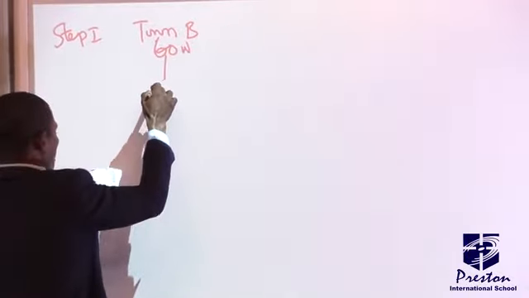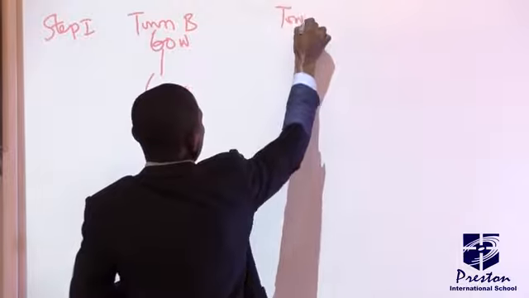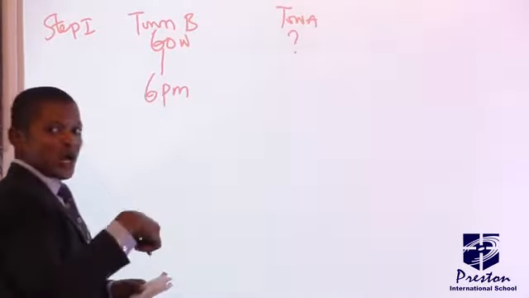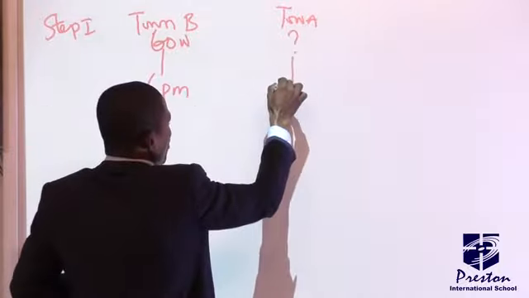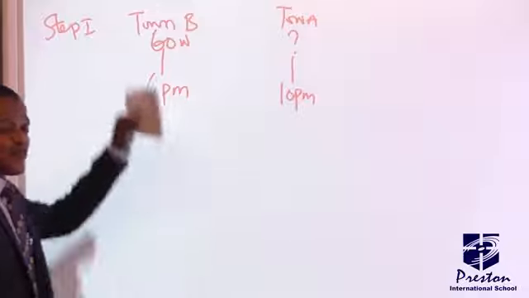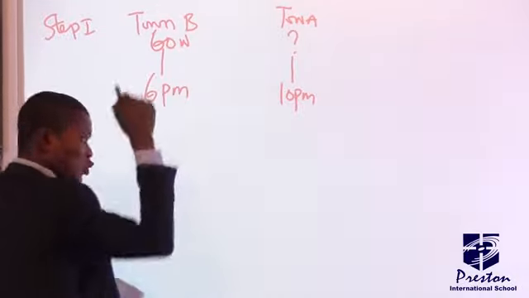The time of that place was 6 p.m. While in town A, the longitude was not given. That is what we are asked to calculate, and the time was 10 p.m. You can see that it was the earlier time that I picked first to show the first location. That is how to show the position.